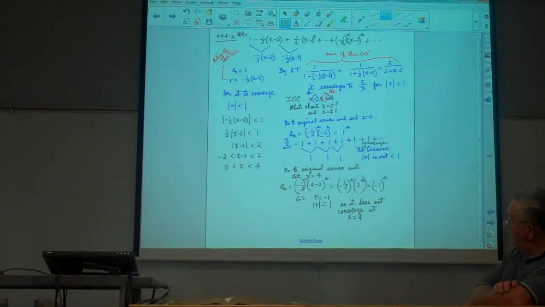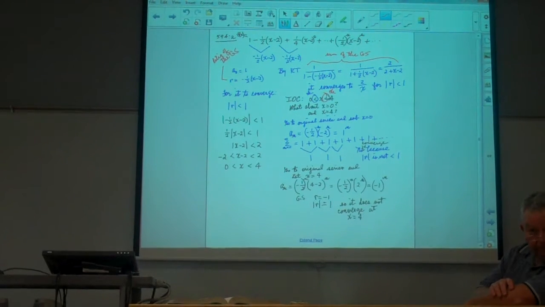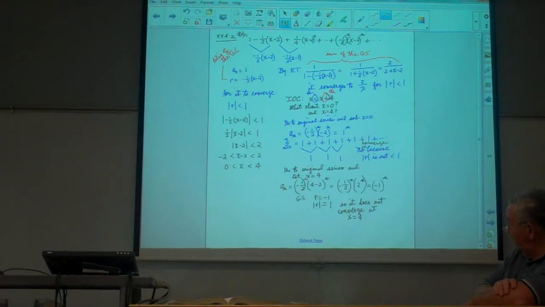And then I decided I had to find out which particular values of x would work. Then I found everything but at the endpoints, right? And I checked the endpoints, and neither of them work either.